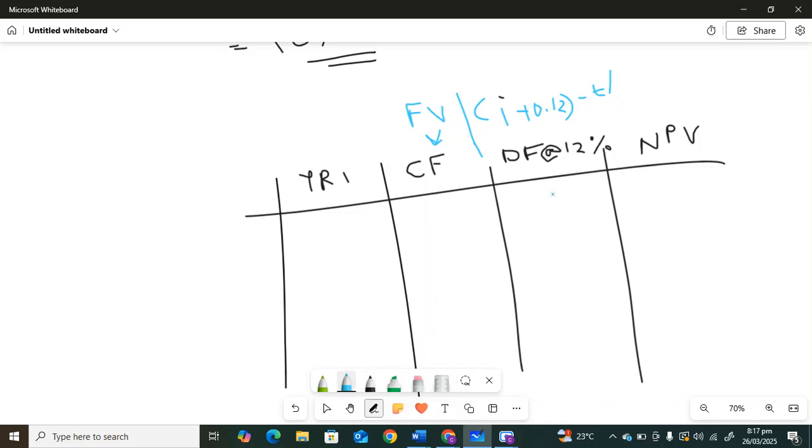So our discount factor is going to be 1.12. Then this T just represents each year. Whatever year you're in, that will be the value of T.